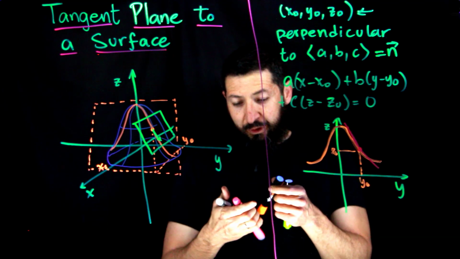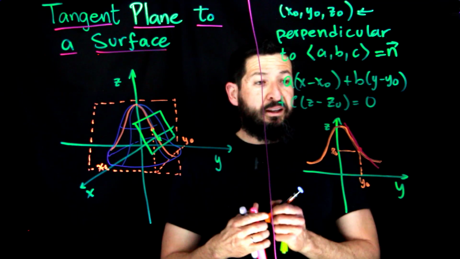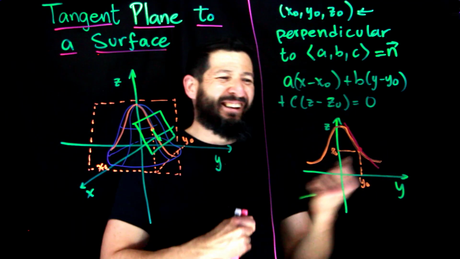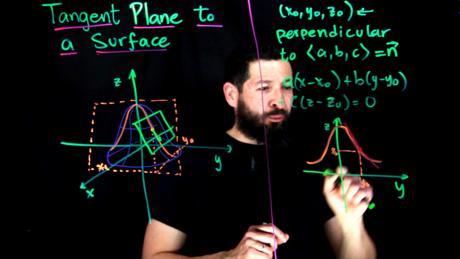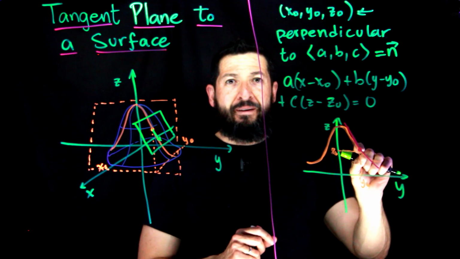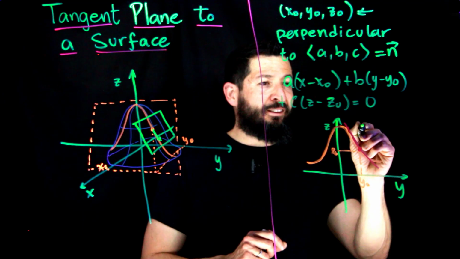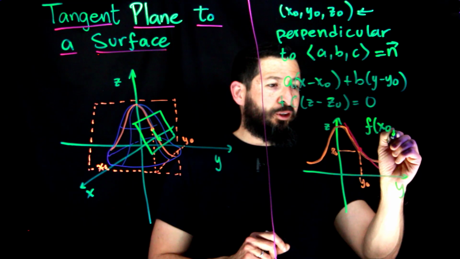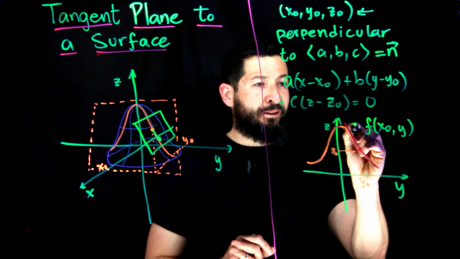What do I know? You're looking for the derivative of this function at this point, but you're thinking about this function as a function f of x naught comma y. Y is the variable, x naught is fixed.